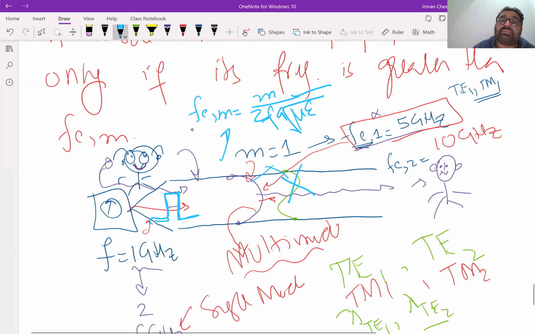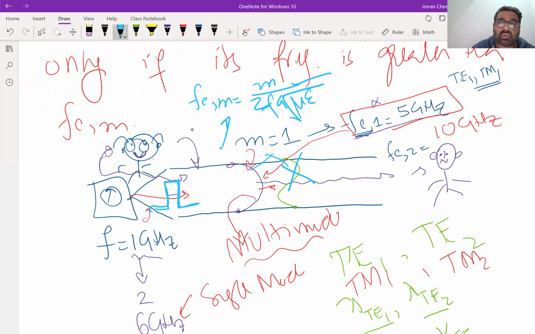Can you tell me? Sir, we can use a single mode. How? My cutoff frequency is 10 gigahertz for the second mode, my source frequency is 11 gigahertz, m is 2 for this one, mu epsilon is fixed, so what can I do?